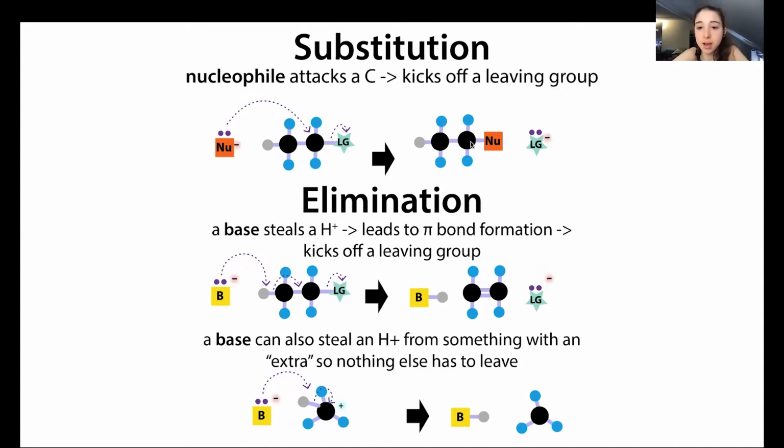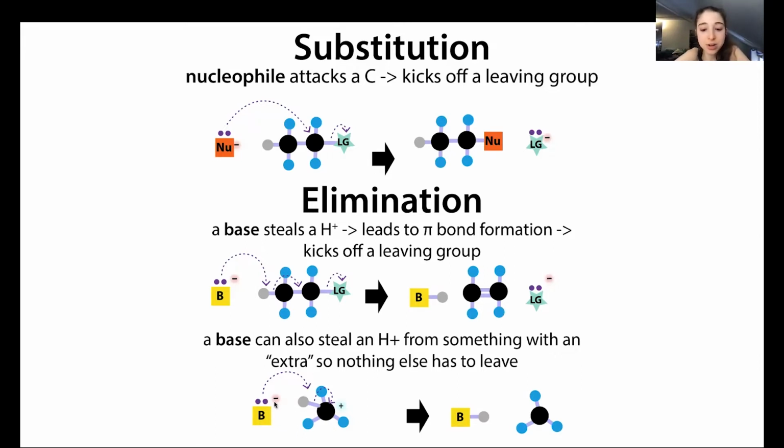And for an elimination reaction, there are a couple of things that can happen when you act as a quote unquote base and steal a proton. One is that you steal from something that basically has extra, like a hydronium ion, H3O+, or an ammonium ion.